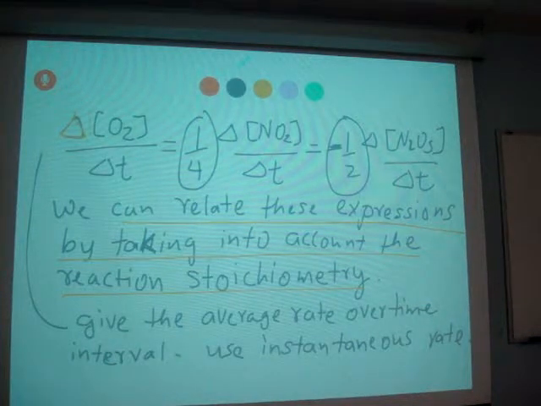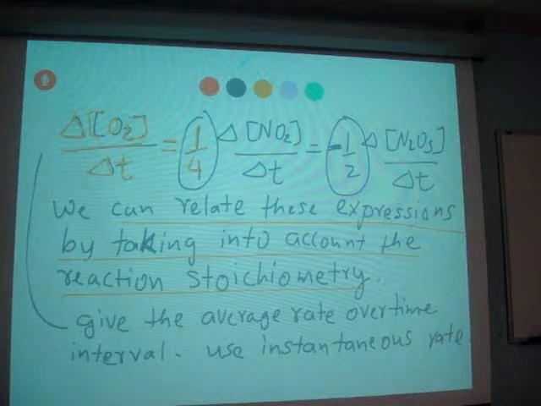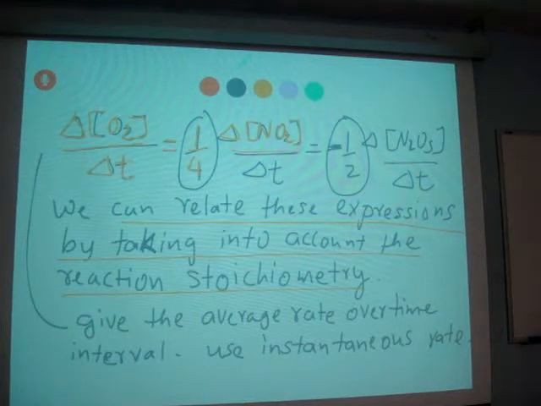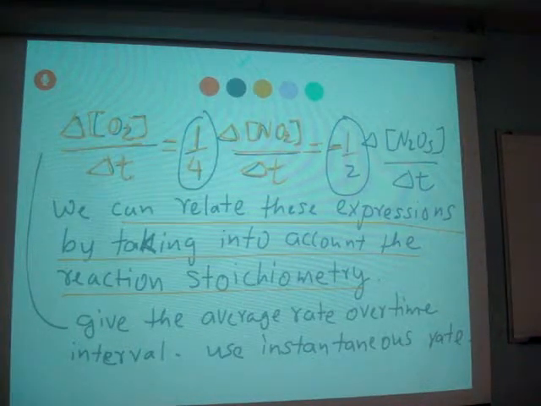The rate of formation of O2, change in concentration of O2 divided by delta T, equals 1/4, because 4 moles of NO2 are produced, of the change in concentration of NO2 divided by delta T, equals negative 1/2, because 2 moles of N2O5 decomposed, of the change in concentration of N2O5 divided by delta T.